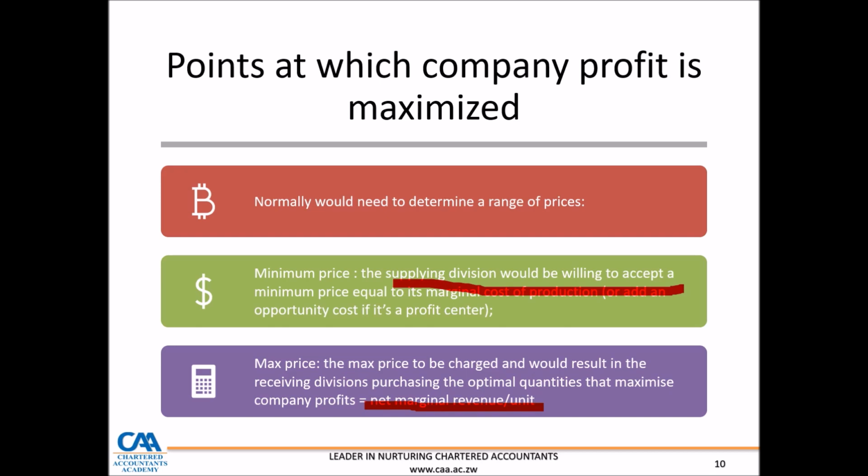From the receiving division's perspective, the maximum price they are going to pay is the one at which the net marginal revenue per unit is greater than or equal to the price they are going to be charged by the transferring division. So our maximum price is the point at which our net marginal revenue per unit equals the price charged by the transferring division.